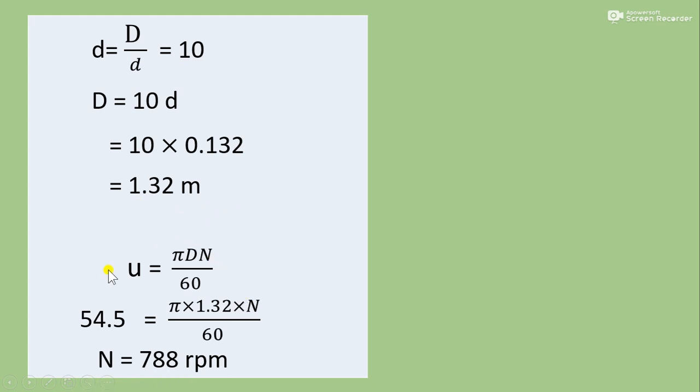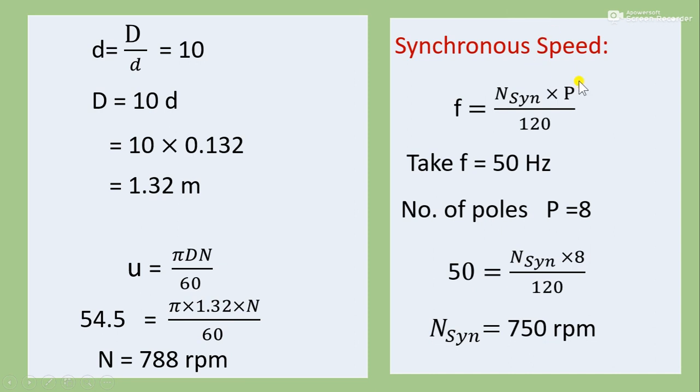To calculate speed we use the formula U is equal to pi dn by 60. In that, pi into diameter already calculated above, and U calculated, putting all the values, the unknown value, that is speed in RPM, we get. Then there is a different concept, synchronous speed.